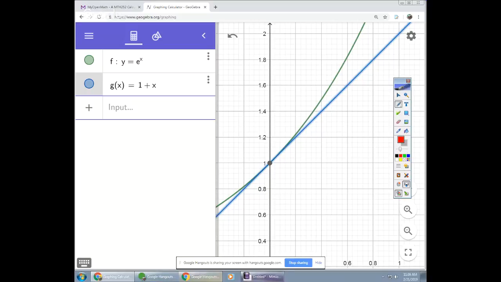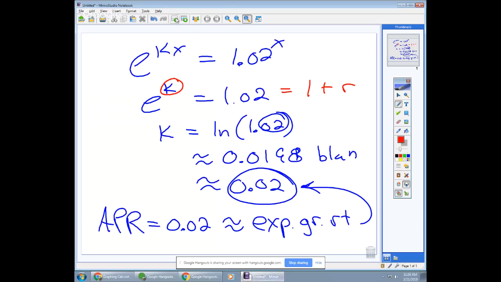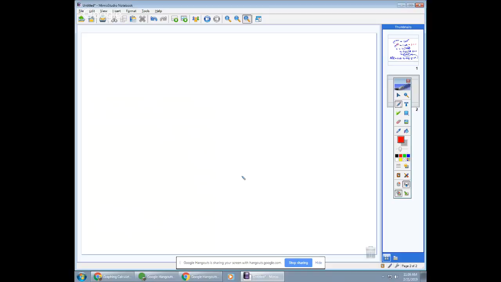All right. Next thing I wanted to mention about exponential growth was the idea of compound interest. I talked about simple interest last time and exponential growth rates, but way back in your math career, you probably looked at compound interest.